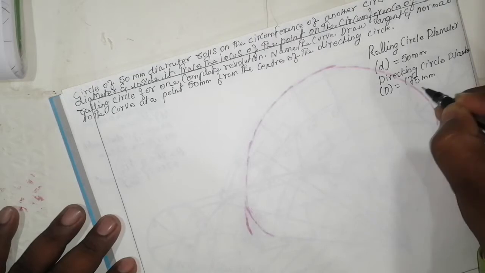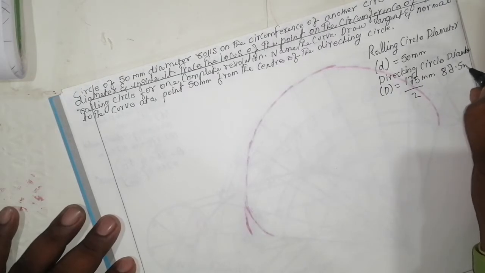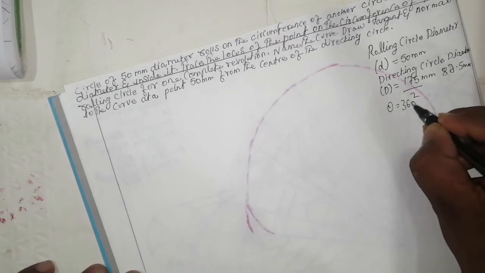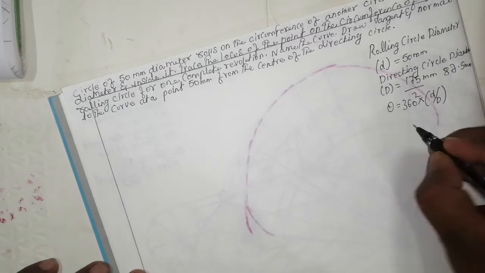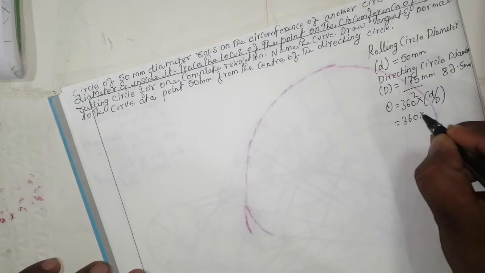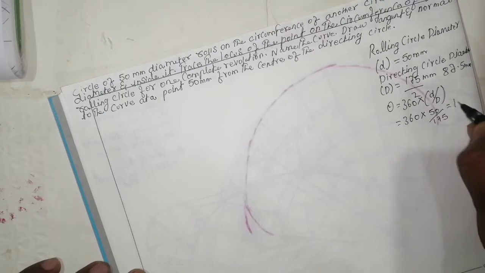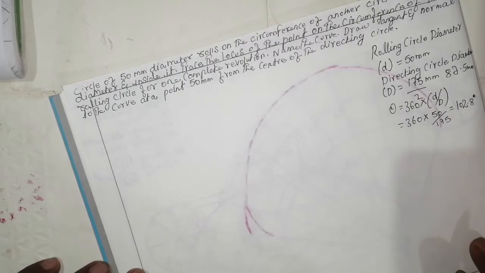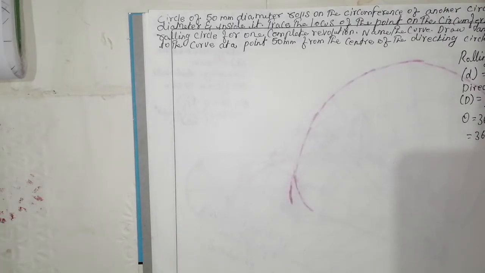If you divide by 2 you will get 87.5 mm. So the formula is theta equals 360 degrees into small d by big D. So 360 into 50 divided by 175, you will get 102.8 degrees. Then how to draw it using a protractor and everything, I'll tell you.